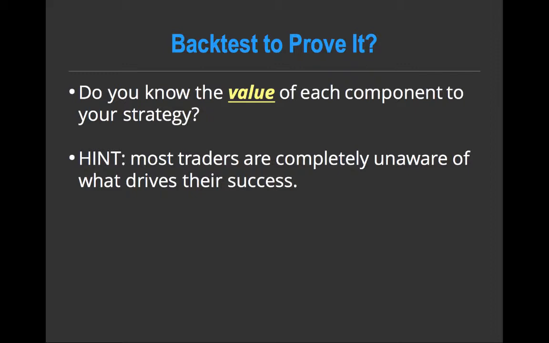I would be willing to bet that in the simple moving average crossover strategy that we just mentioned, if you remove the ADX indicator from the strategy, on some of the instruments, on some of the stocks, it actually wouldn't make a difference. On other stocks, it would make a tremendous difference, and in fact, the strategy would improve dramatically. On other stocks, it would actually have a negative impact.